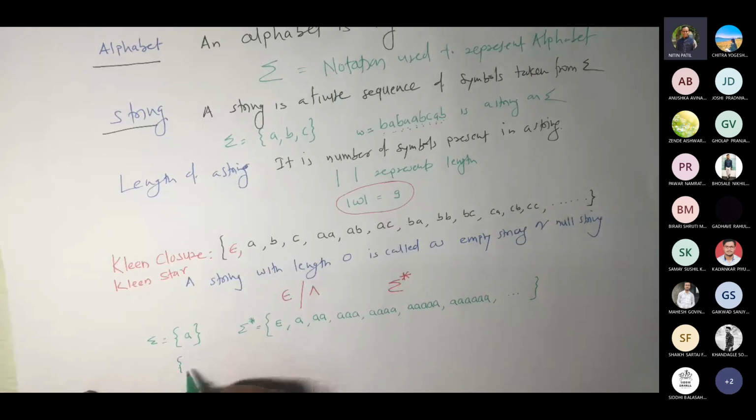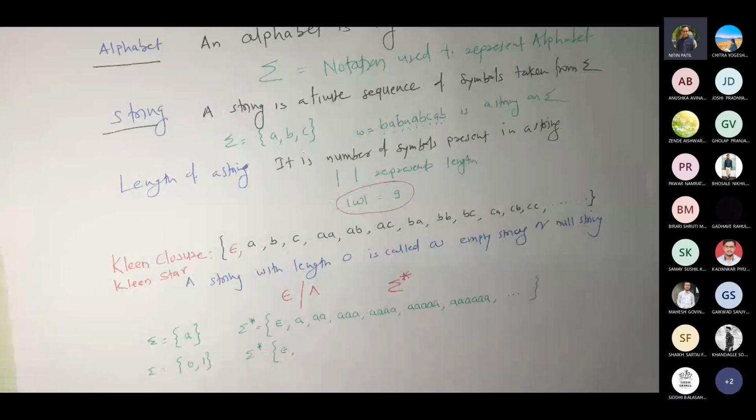Similarly, suppose I have sigma to be 0, 1. What would be sigma star? Can somebody tell me? Epsilon, okay, very good.